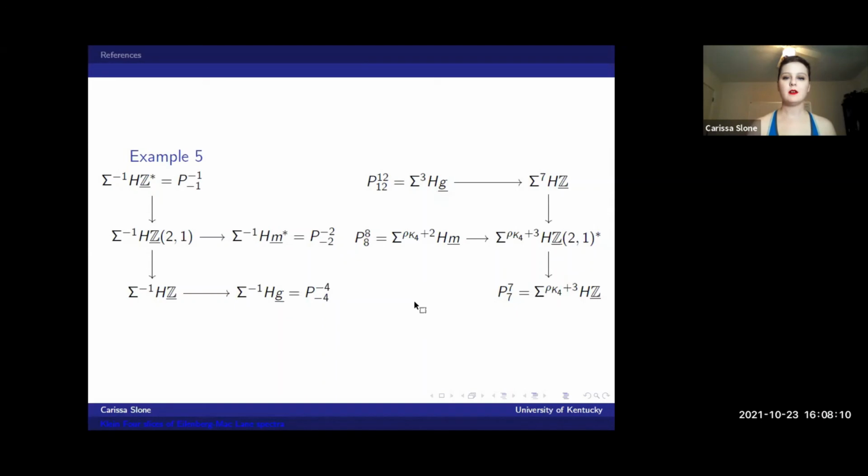Now you might notice that the slices in the right tower are the Anderson duals of the slices in the left cotower with a shift by rho K4. This is not a coincidence. There's actually a really nice interaction between Anderson and Brown-Comenetz duality, which results in this duality between the slices of sigma minus n HZ and sigma minus n plus 8 HZ.